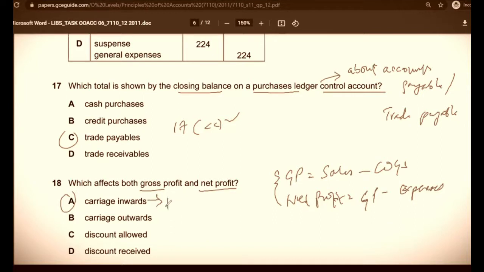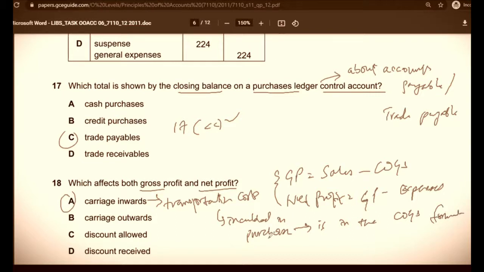Carriage inwards is the transportation cost which affects purchases or is included in purchases, which is in the COGS formula.